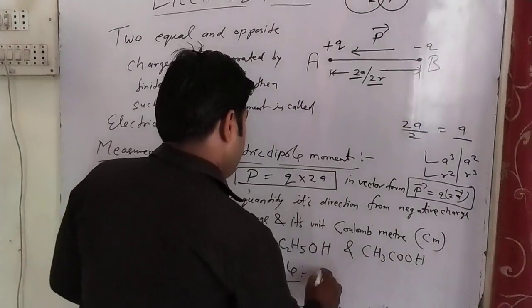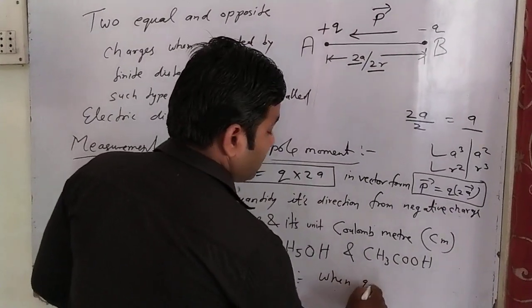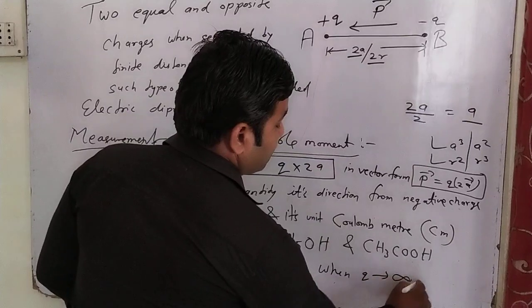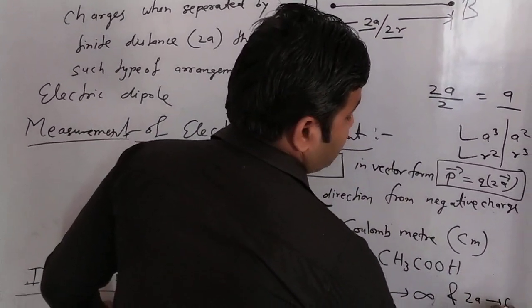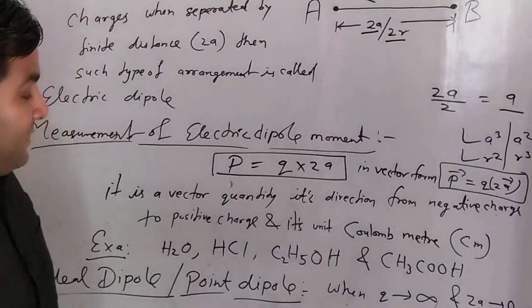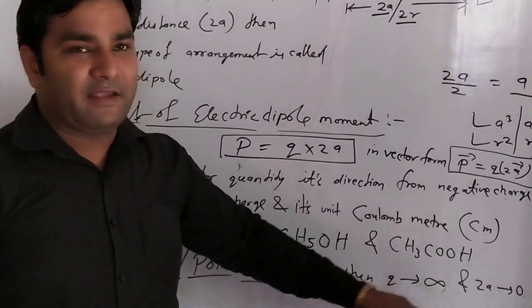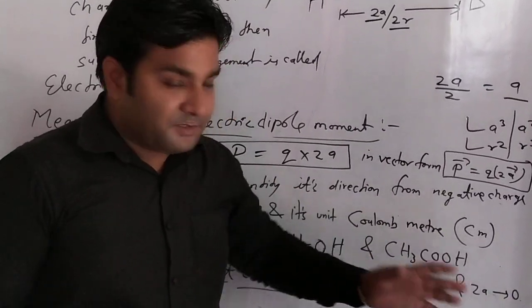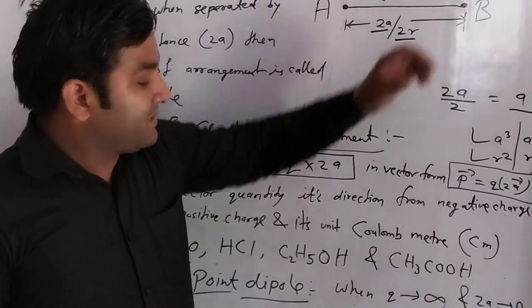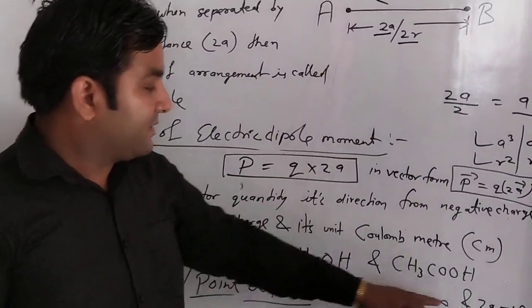It means when Q becomes infinite and 2a becomes 0, the charges become too much heavier, then the distance between the positive and negative charges reduces and becomes what? 0.